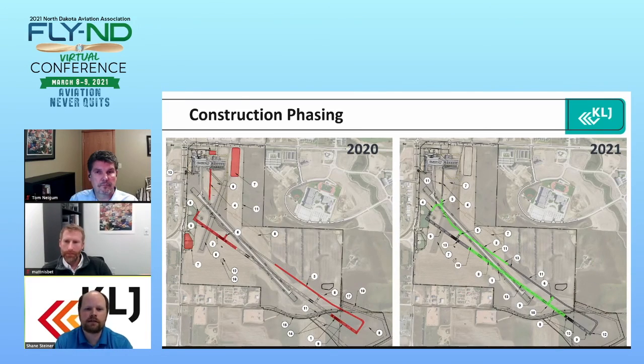One is that the airport would be closed for sure from an April to November time frame, which was the most closure time, which the airport wasn't positive about, because they wanted the least amount of closure time that they could.